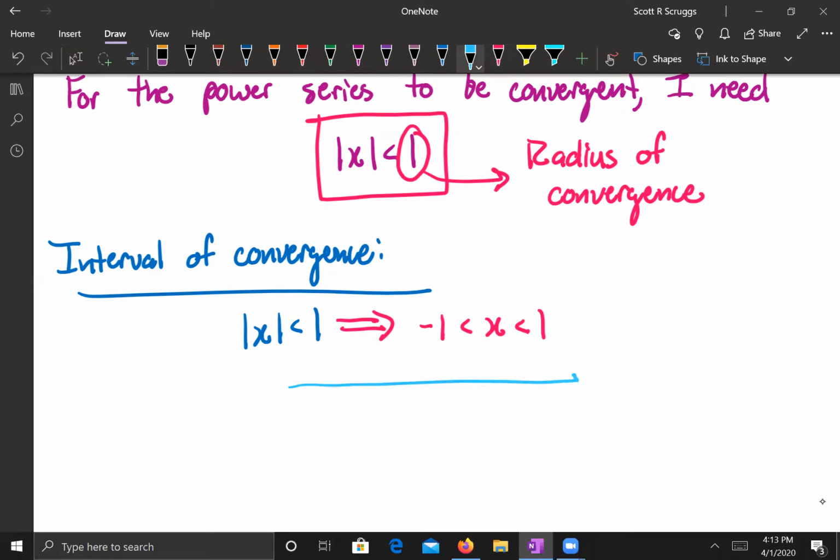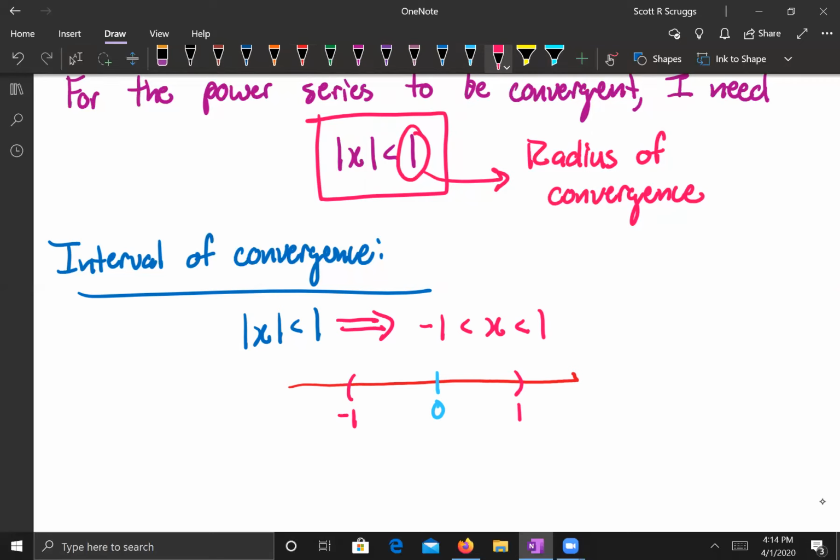And you kind of get an idea of what that means. I'm essentially saying that any number that satisfies that inequality must be within the interval -1 to 1.